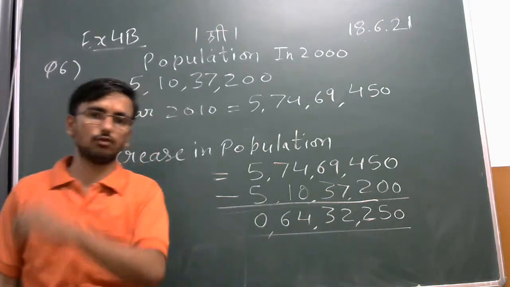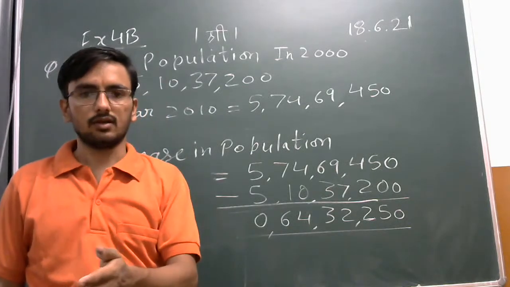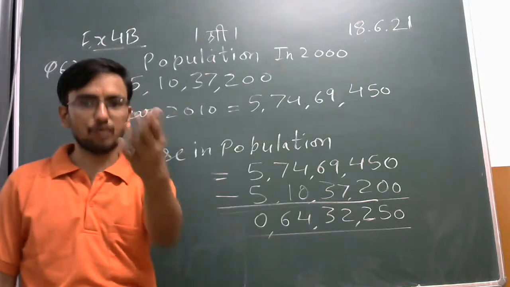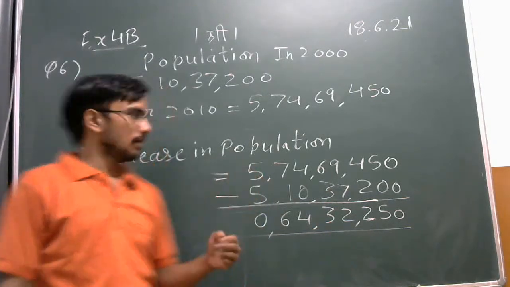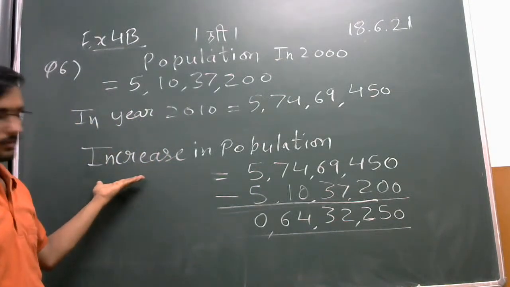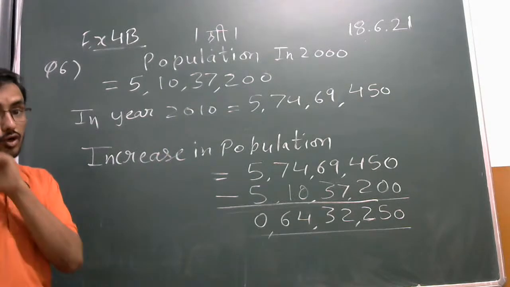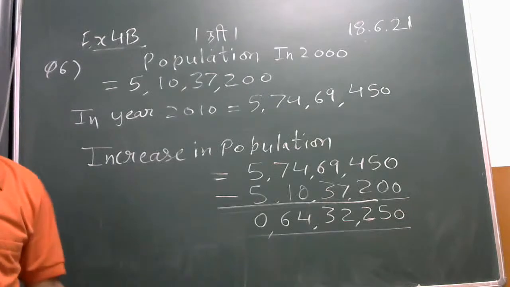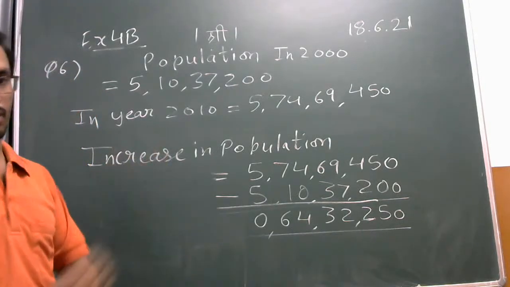Maybe maximum of your birth year is nearly 2010. So take the 2010 population of your own hometown and take today's population. And then you may be able to find the increase. So just think creatively, where can you create this increase question? How may you create such a question for increase in population?